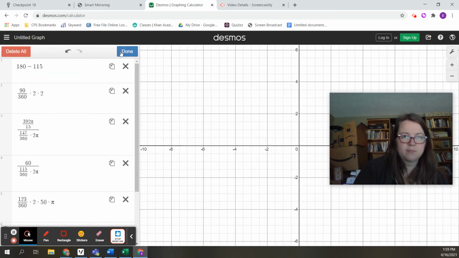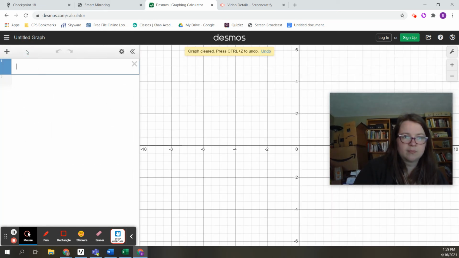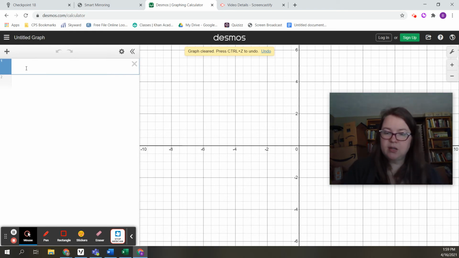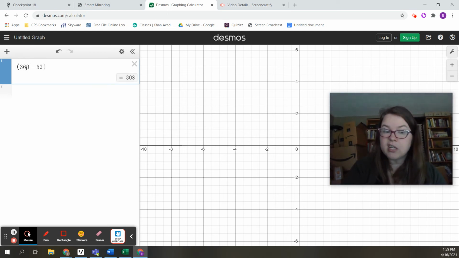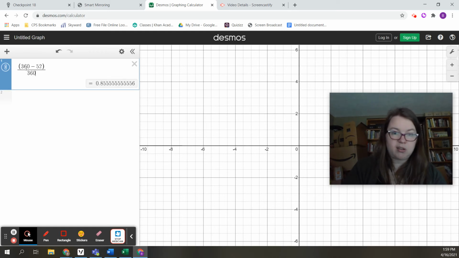So if you come to decimals here, we can do parentheses 360, subtract 52. Notice I didn't actually have to subtract that. I'm just going to leave it up to decimals to calculate it for me. We have that, and then we need to multiply it by 2. We're going to keep pi out because we're going to leave it in our pocket, multiplied by 3.